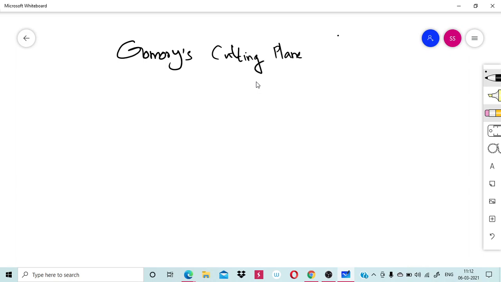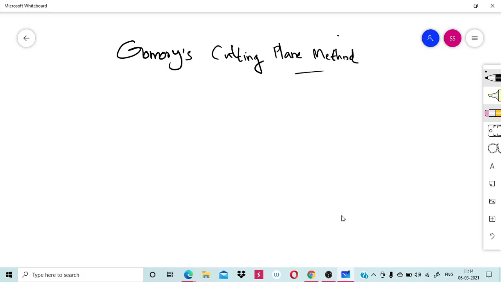Gomory's cutting plane method. We have already discussed what we mean by a linear integer programming problem, the all-integer programming problem, with our graphical representation.